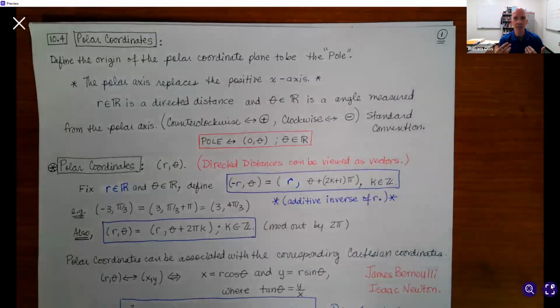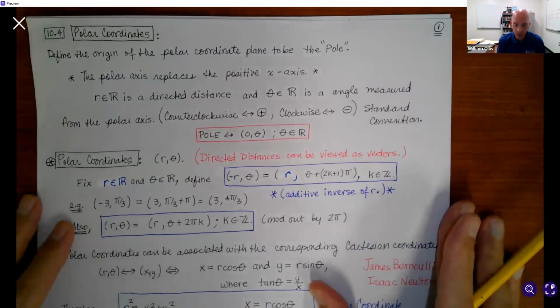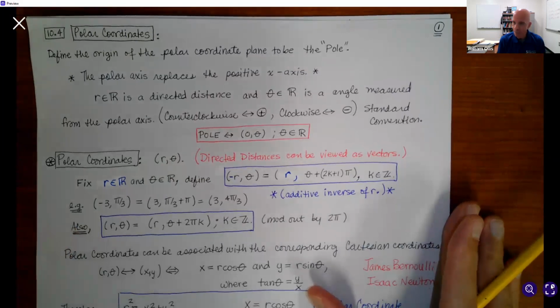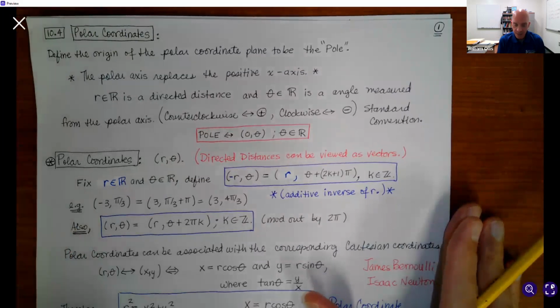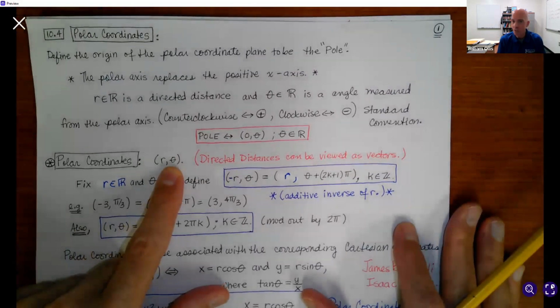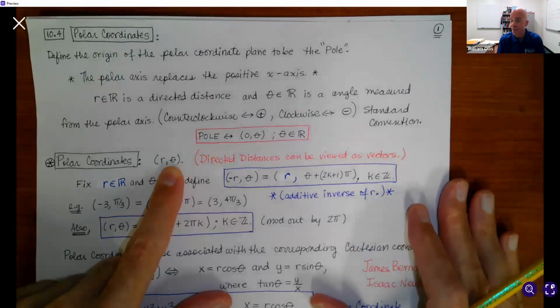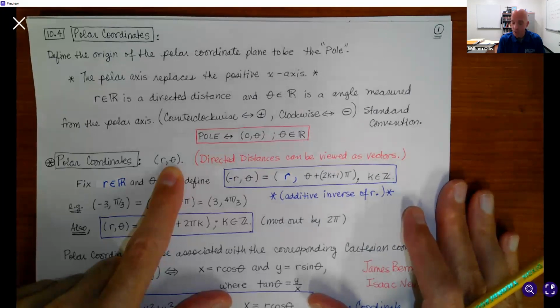So I just want to make you aware of that, so that as you work problems, you can make that correlation. So like I said before, r is actually going to be directed. It can have positive and negative values. And the second coordinate with the polar coordinates will be theta, which I just spent a few seconds talking about, which will be the theta that we remember from the unit circle.